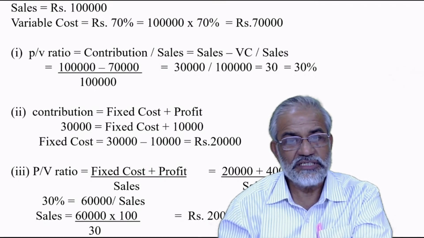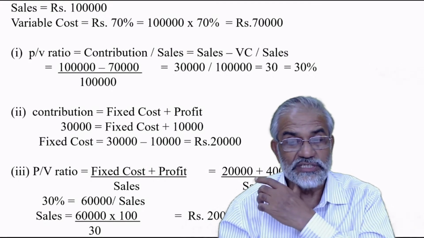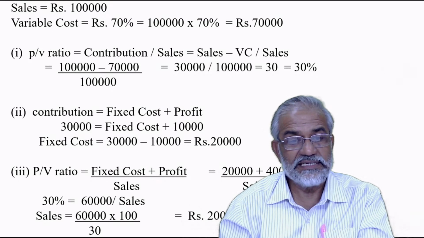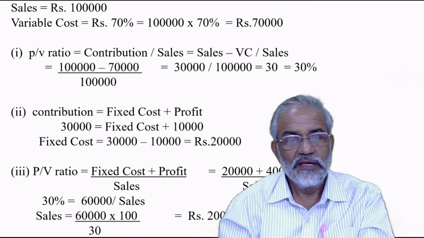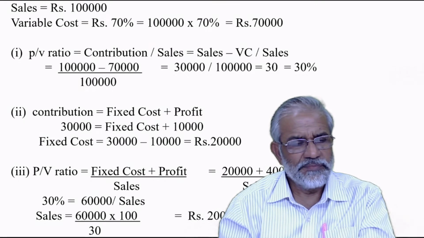Fixed cost is coming to 20,000, and 40,000 is the desired amount of profit as given in the question. When both the items are divided by sales, that is coming to 30%.